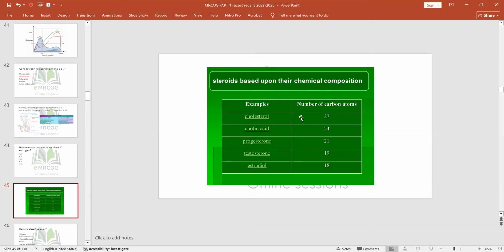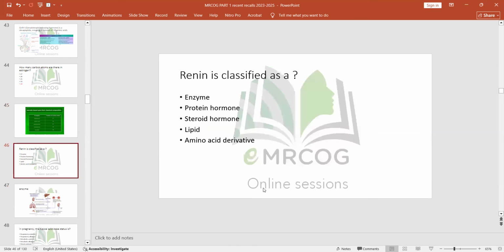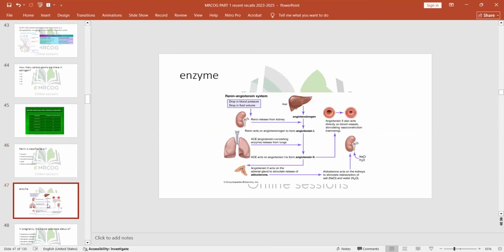Okay, I got you the others in case you want to have a look. Renin. Is renin an enzyme or protein or steroid or lipid or what? Yes, it is an enzyme, and they can ask you anything about the renin-angiotensin system, where it is secreted, how it works, what is the enzyme that's going to activate it, everything.